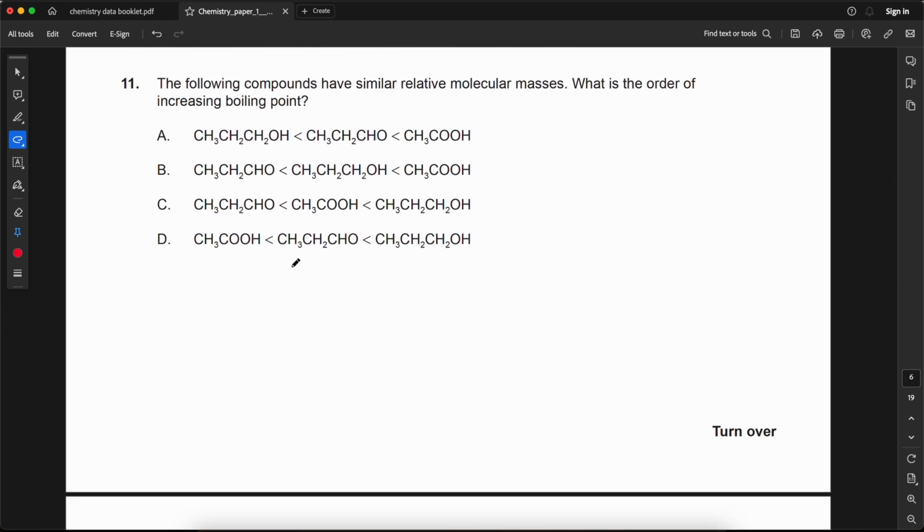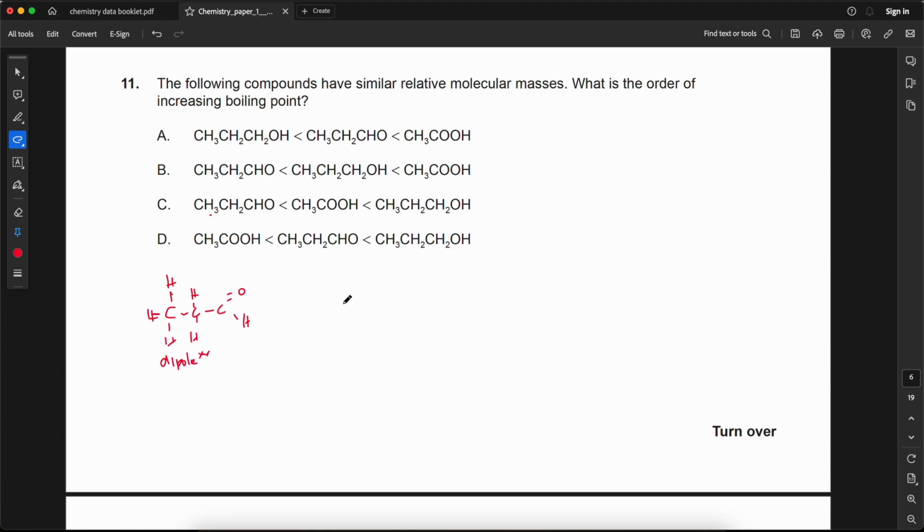The following compounds have similar relative molecular mass. What is the order of increasing boiling point? If we check the structure of the first one, propanal, CH3CH2CHO, it has a polar C=O bond, so it has only dipole forces.